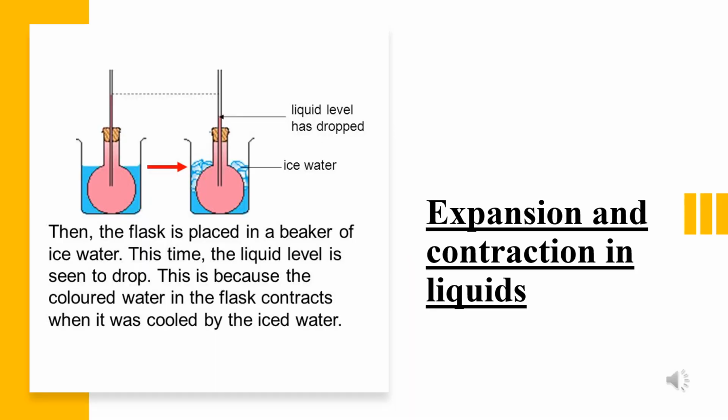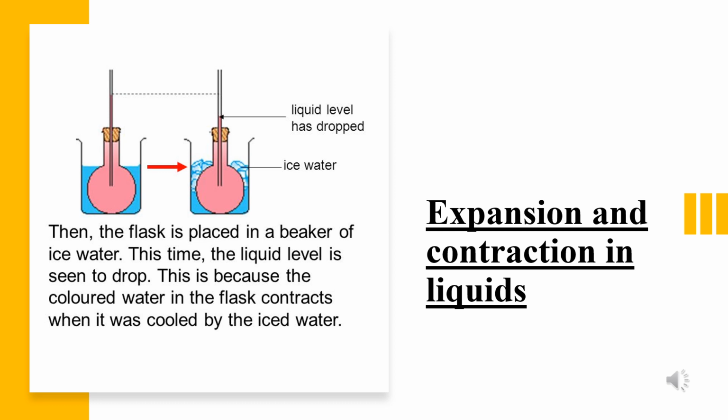Let us see now expansion and contraction in liquids. We have taken a beaker here filled with water. In that we have placed a round bottom flask. This flask has a glass tube which is placed into the flask through the rubber cork.